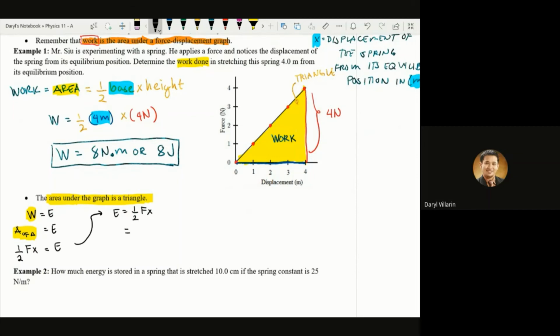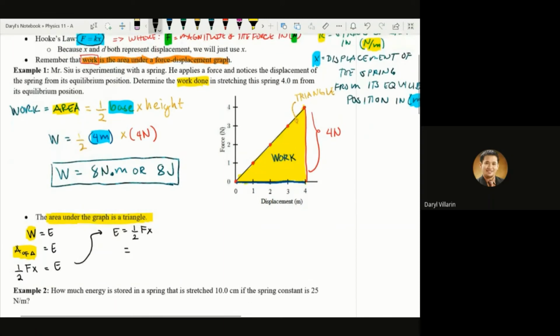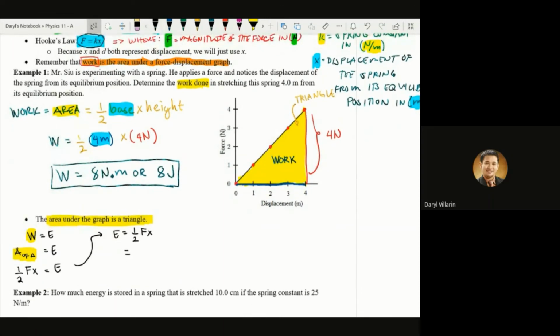So based on a spring, remember that it follows Hooke's law. That means that the force can be replaced with kx. So this is 1/2.